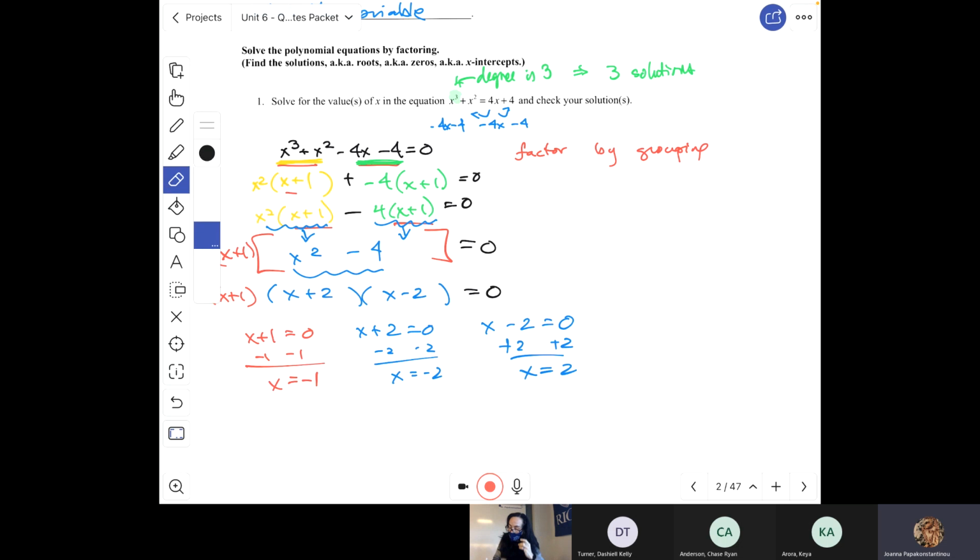So you want to go back to the original equation and substitute in each of those values of x to make sure you get an identity.